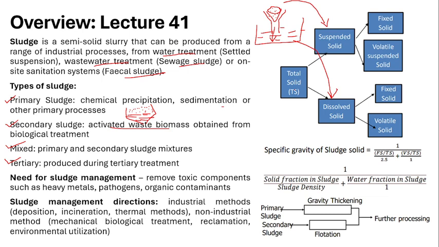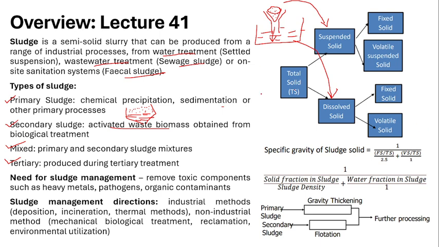Those are volatile in nature, and whatever remains after heating in the muffle furnace is called the fixed type of solid because it is fixed. They are there even after heating. So these are some important terms you have to keep in mind.